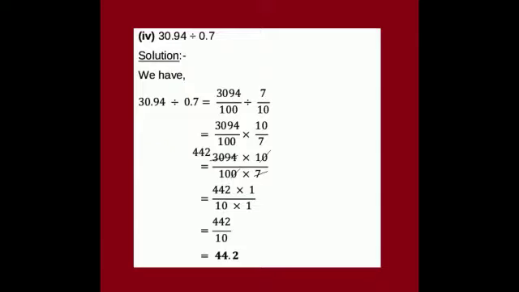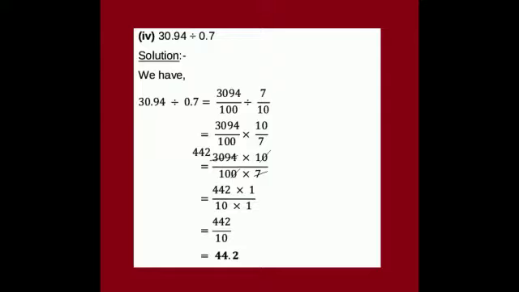Fourth subdivision, 30.94 divided by 0.7. Firstly, we are converting both the decimal numbers into a fraction format. Now 30.94 can be written as 3094 by 100 and 0.7 can be written as 7 by 10. Now 3094 by 100 divided by 7 by 10, which is equal to 3094 by 100 into the reciprocal of 7 by 10, which is 10 by 7.